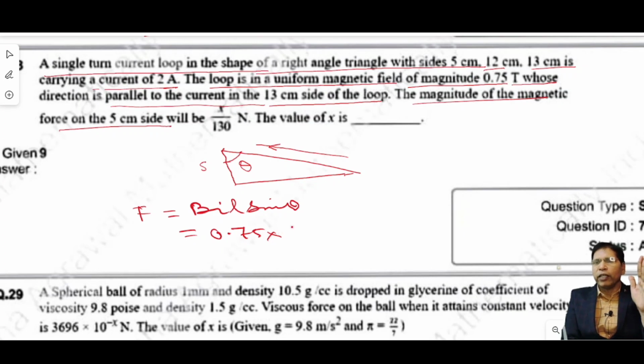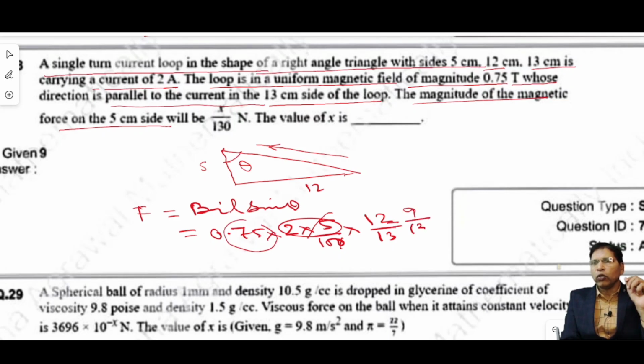I is 2 ampere. The length is 5 by 100 meter. And sin theta is 12 by 13. Now, this and this cancel out, so look at this, the answer is 9 by 130.